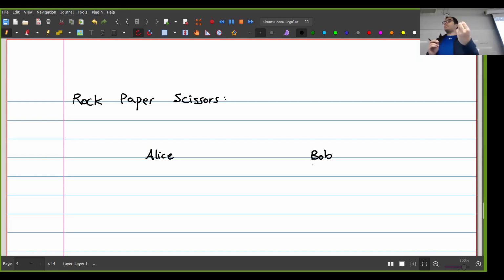And as soon as she writes the answer, Bob takes that answer, calculates what would make him win, and immediately outputs that. So if Alice is playing rock, Bob would immediately play paper. And you cannot tell the difference between this kind of cheating and just basic network lag, right? So the question now is, how can we play rock, paper, scissors in a secure way, in the sense that we want to make sure neither side can cheat?